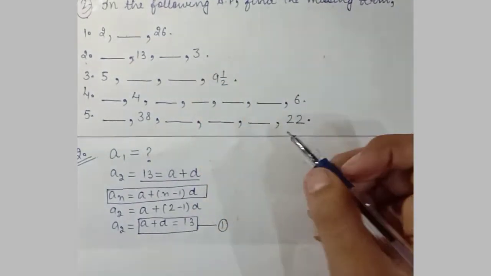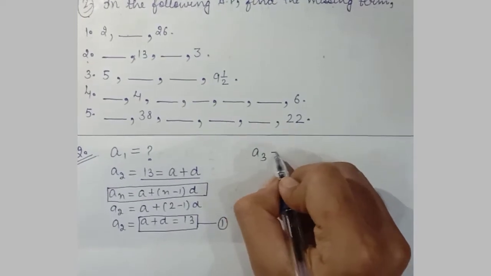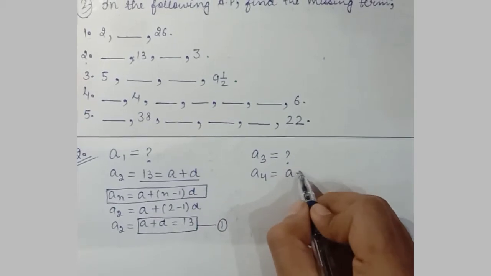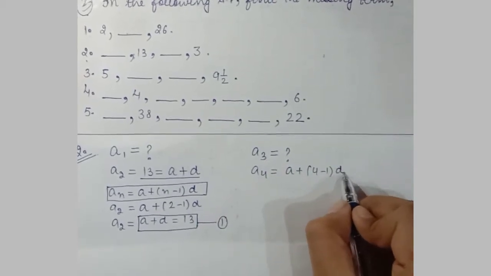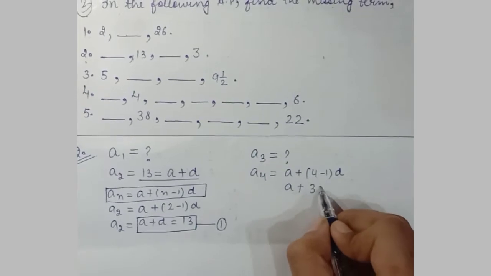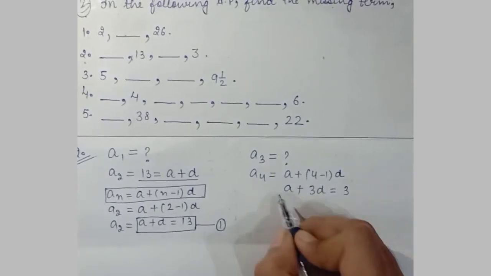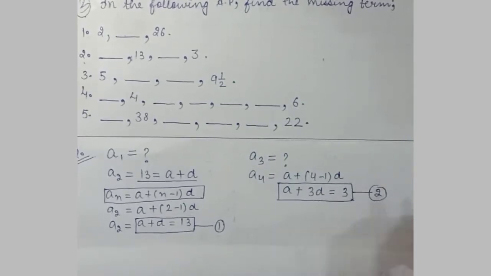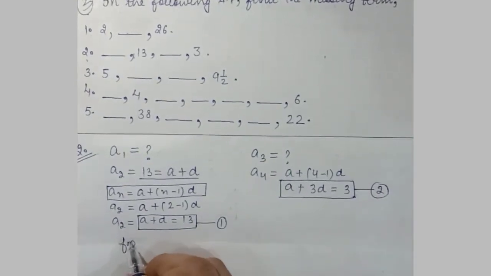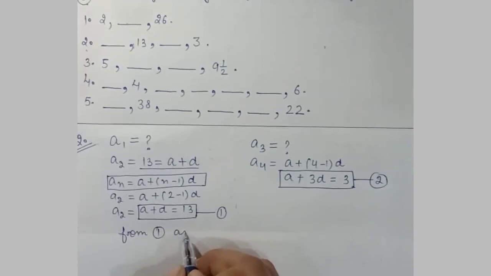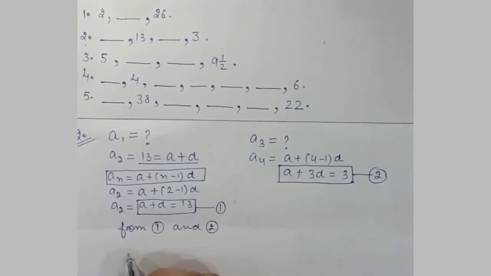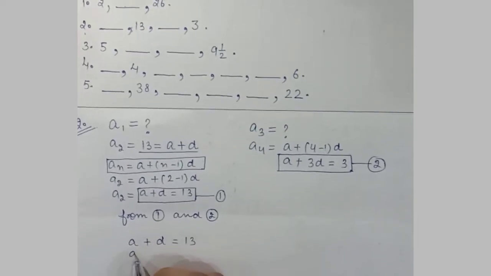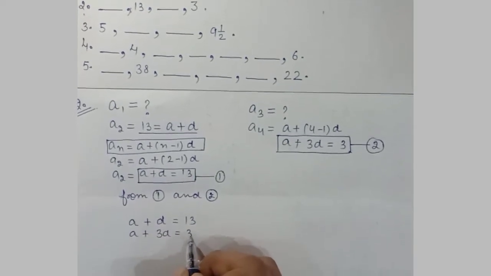Now we have to find the fourth term, which is a plus 4 minus 1 d, a plus 3d, that is 3. So this is our second equation. Now from first and second, a plus d is equal to 13 and a plus 3d is equal to 3.